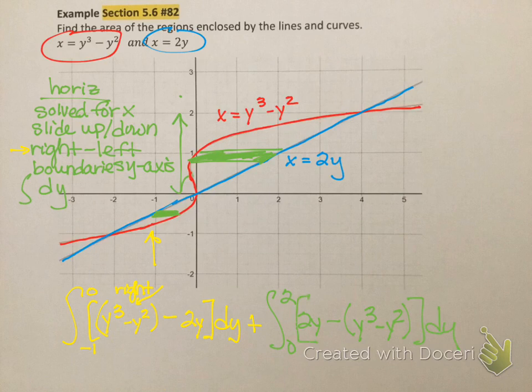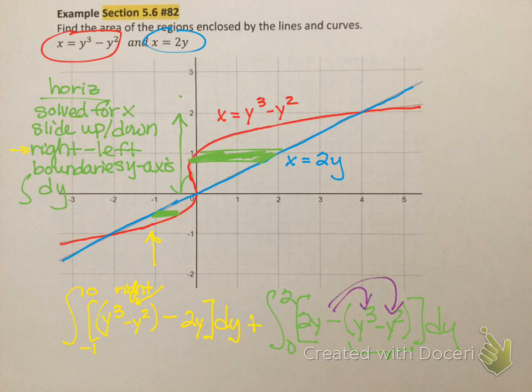Now, one thing that I have found over the years that students sometimes don't do is they forget to use their parentheses, like right here. And that's important because you are going to need to distribute this negative.